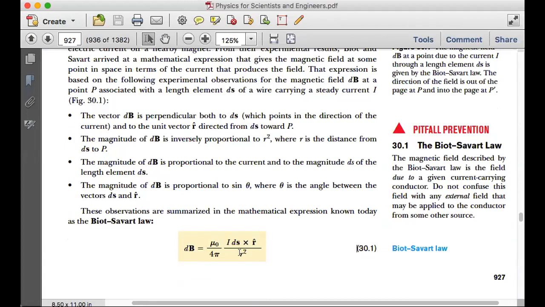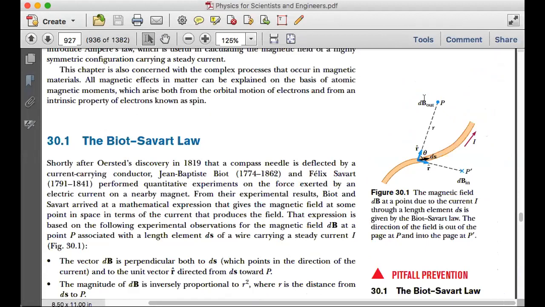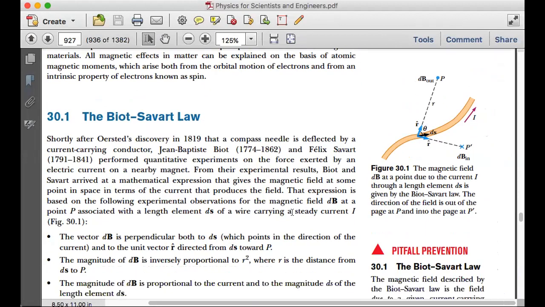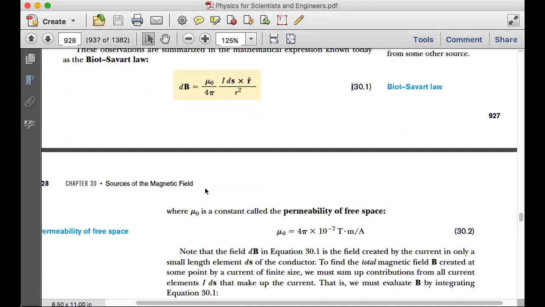So this current that flows through the wire can be viewed as the source of the magnetic field. This mu0, we call it the permeability of vacuum. Epsilon 0 is the permittivity of vacuum, and mu0 is the permeability of vacuum.